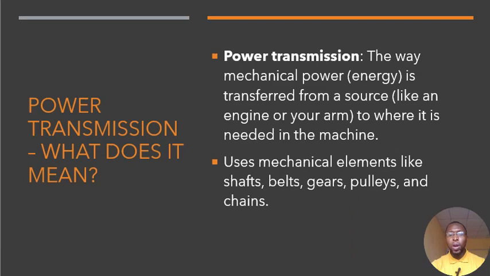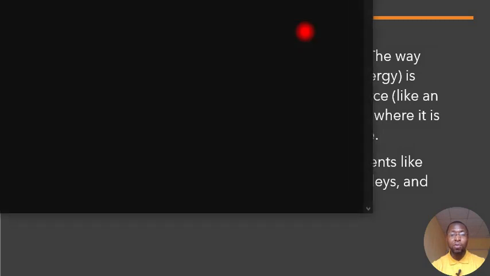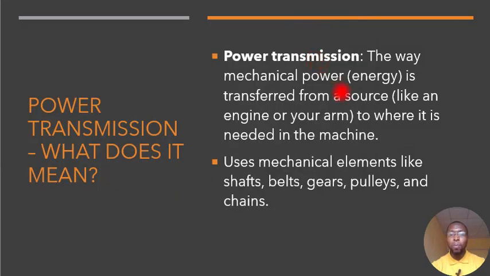Okay, so let's talk about what power transmission is. When we say power transmission, it simply means the way mechanical power, which we call energy, is transferred from a source, which can be the engine or even our hand, to where it is needed in the machine.